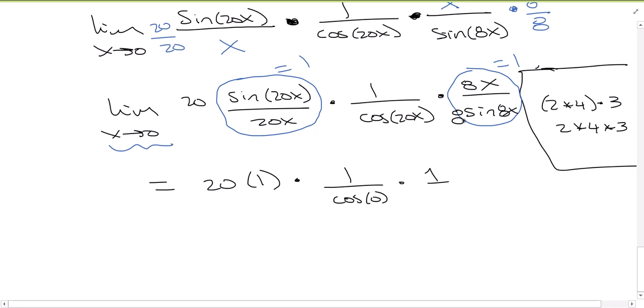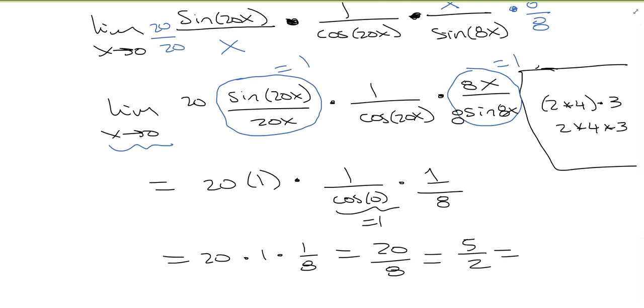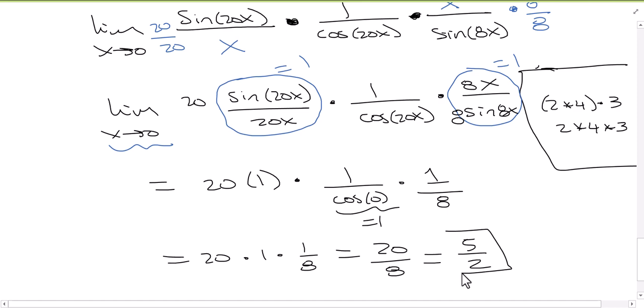So I still have my other 8 here. So this will be 1 over 8. And cosine of 0 is 1. So I'll just have 20 times 1 times 1/8. So it's 20 over 8. Reduce it so that it's in lowest terms. So 4 goes into both of those. So 5/2. So the limit is 5/2. And you can just leave it as a reduced fraction. No need to turn it into a decimal.